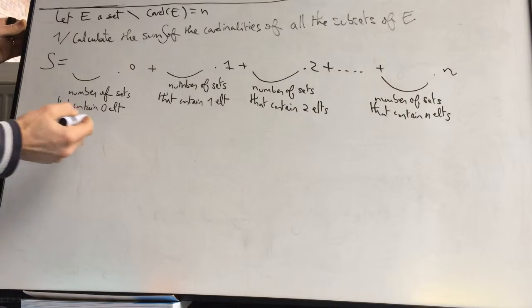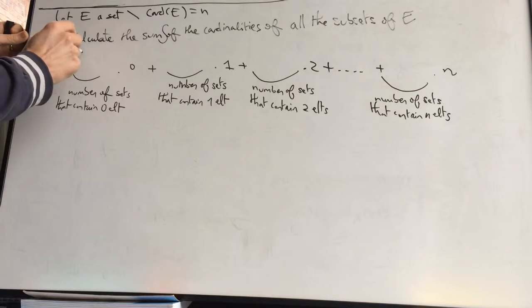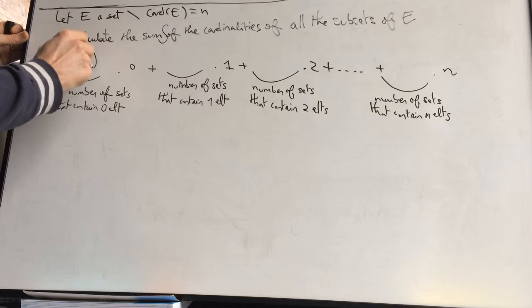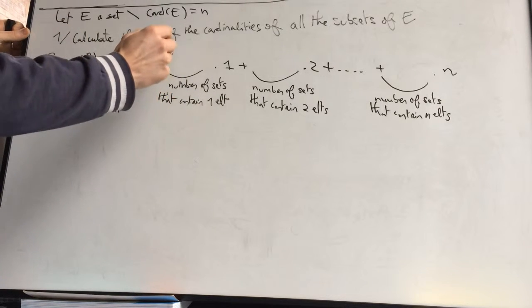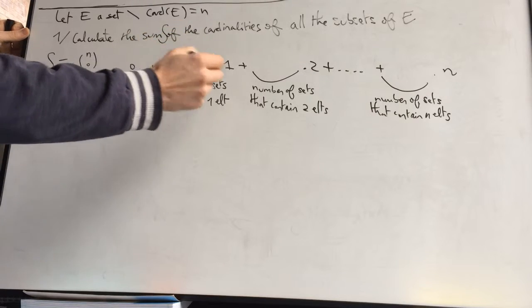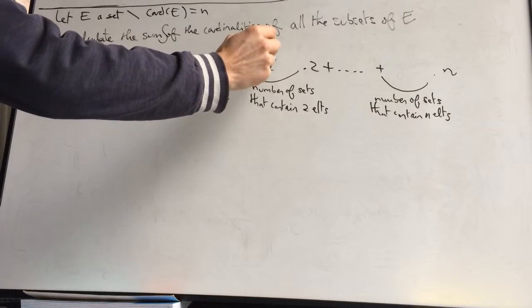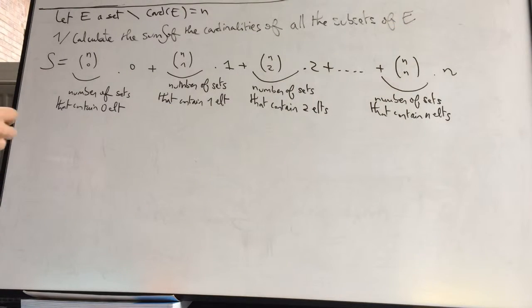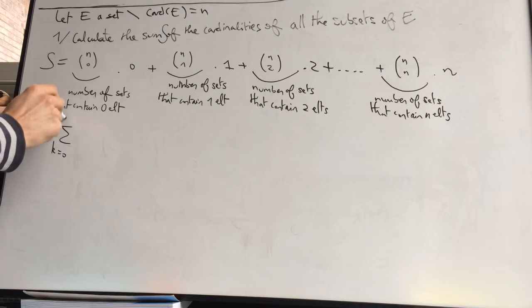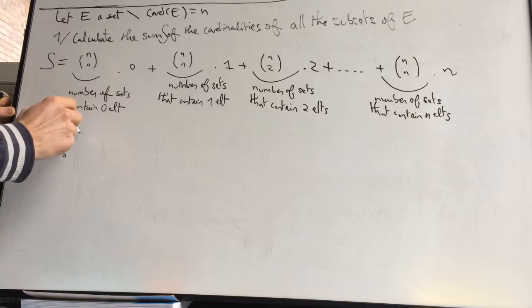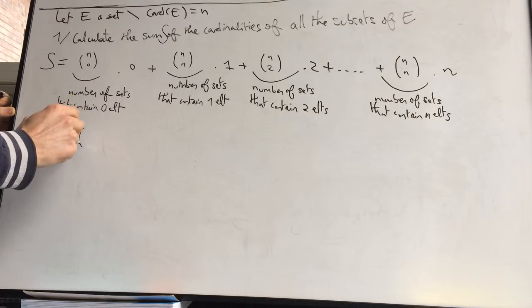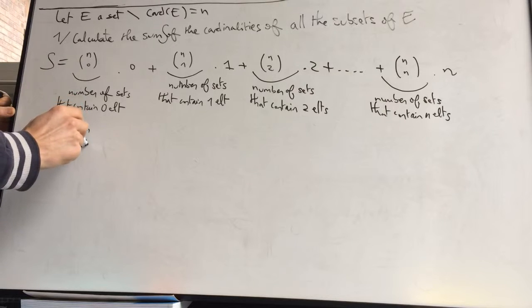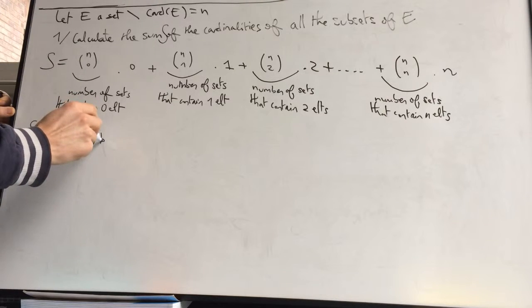And the number of sets that contain 0 element is n choose 0. The number of sets that contain 1 element is n choose 1, then n choose 2 until n choose n. Hence S is equal to the summation of k is equal to 0 to n of n choose k multiplied by k.